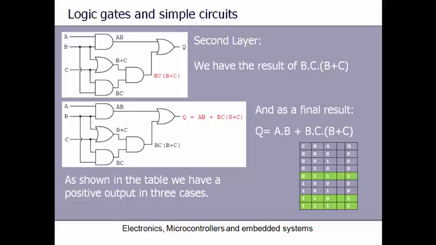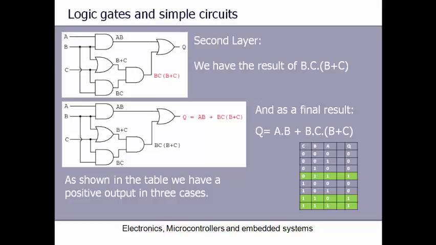So the output Q will be active only in the conditions that are colored with green, which give a positive output. So we have the combination: 0 for C, active for B and active for A, or active for C, active for B and 0 for A, or all 3 are active.